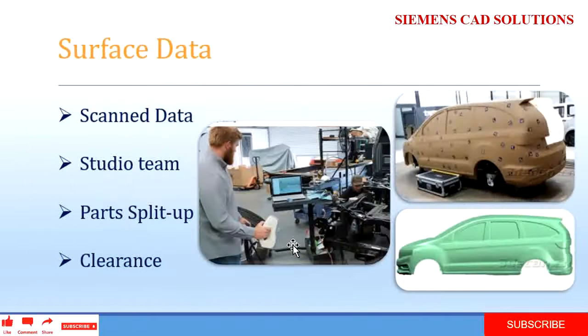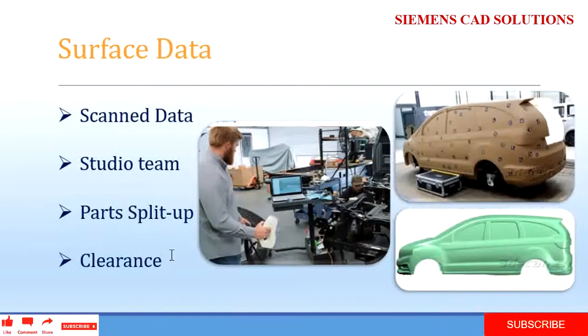Next, once the clay model is done, the surface data of the clay model will be captured by using the 3D scanners. So here the studio team starts involving. Once the data of the car is taken out, the studio team will work on the splitting of the part, and they will do the required profile changes on the part.